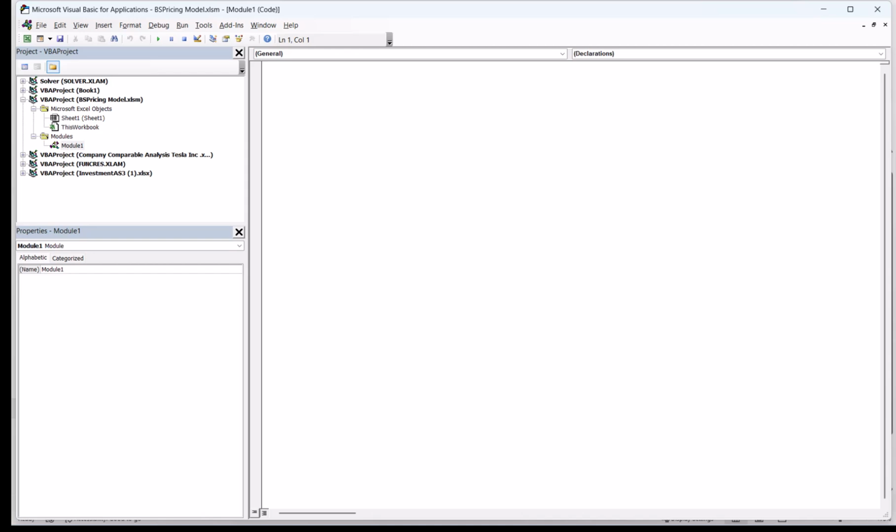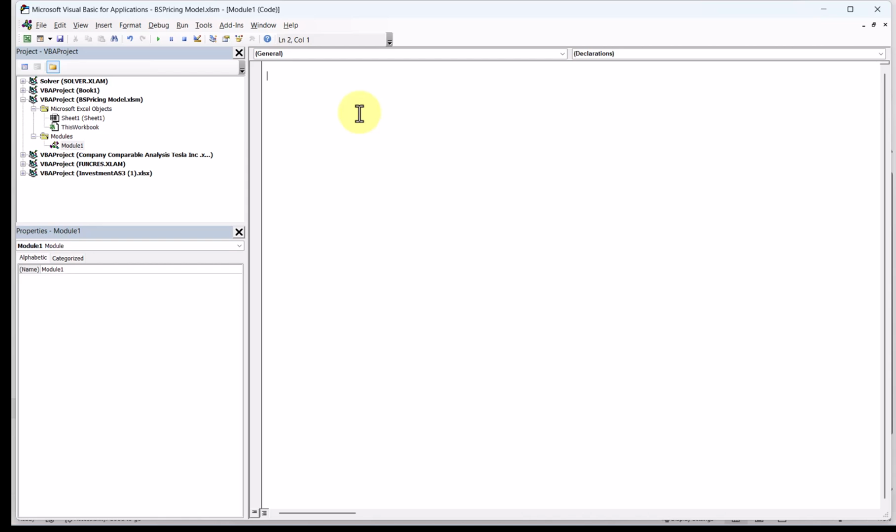I'm going to break this down to make it a little easier to do into a function for calculating D1, and then a function for calculating D2, and then we're going to embed those in our function for our call, and then we're going to embed all of those functions into our function for the put option there.